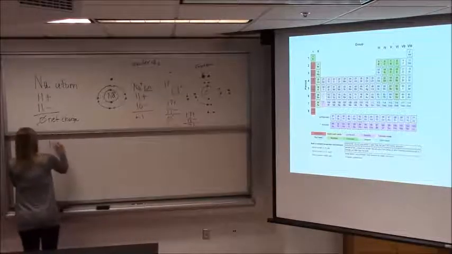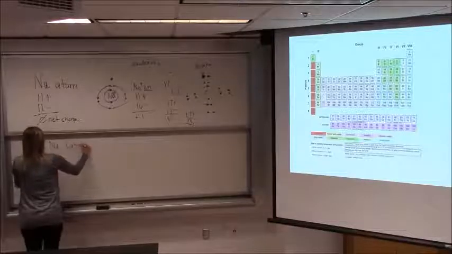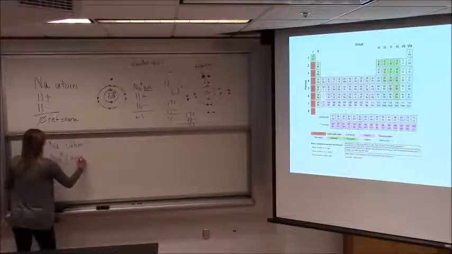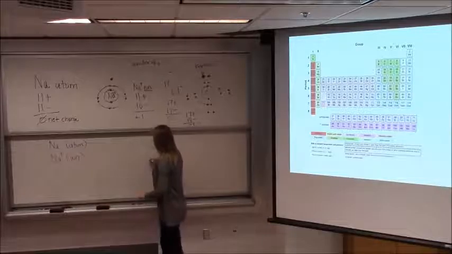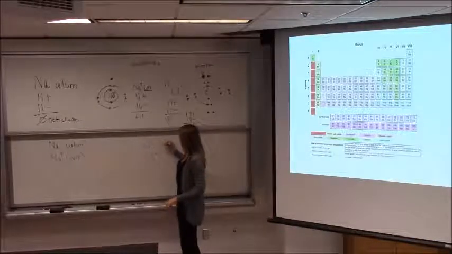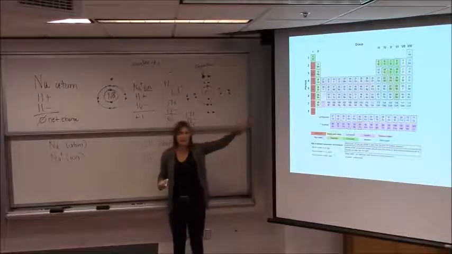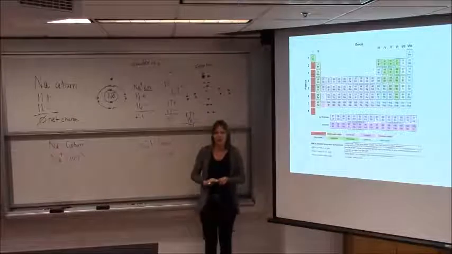So this is how we would write a sodium atom. And this is how we would write a sodium ion. This is how we would write a chlorine atom, and this is how we would write a chlorine ion. Remember, the difference between an atom and an ion is the atom is how it exists on the periodic table in its elemental state. Equal number of protons and electrons.